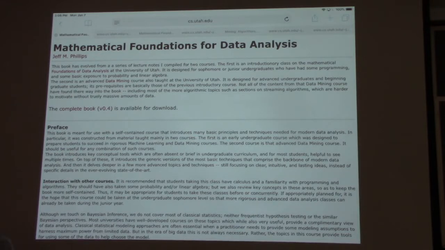This has mainly been built around a previous class I taught that was mainly for undergraduates, which is called CS 3190. Those lecture notes I've turned into a book, but I've expanded it recently, and so it will now cover a lot of the stuff in the data mining class as well. And you can click to get the most updated version of the book.